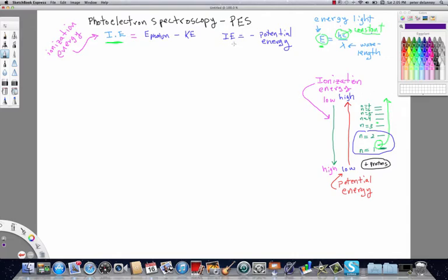Remember from the previous video that if we know the ionization energy, then we also know the potential energy of that electron, because the ionization energy is equal in magnitude to the potential energy of that electron, but opposite in sign. All right, now, one thing I did neglect to mention in the first video is that PES basically uses two types of light.